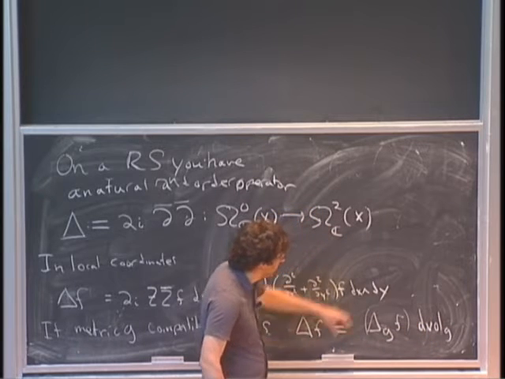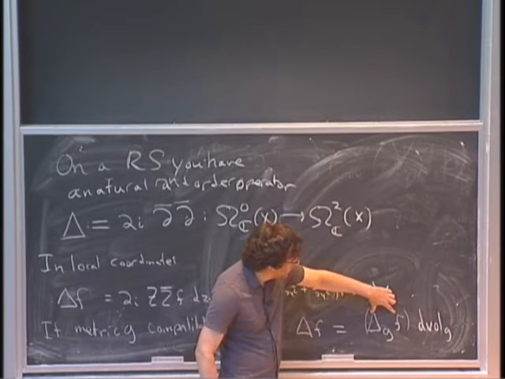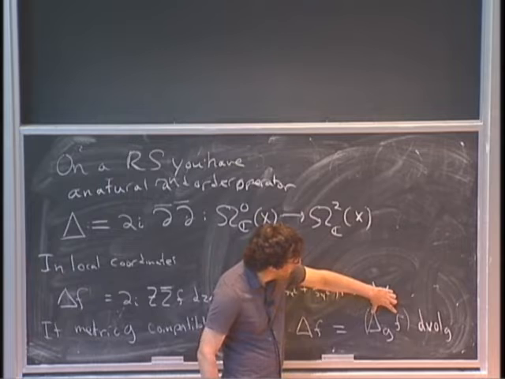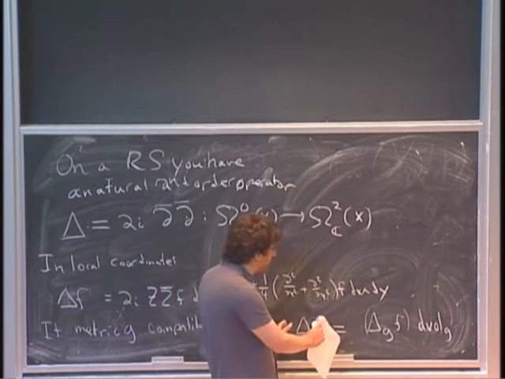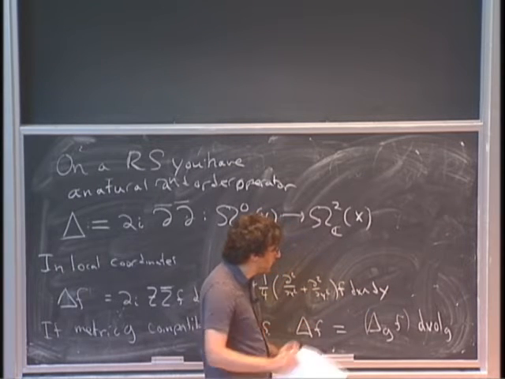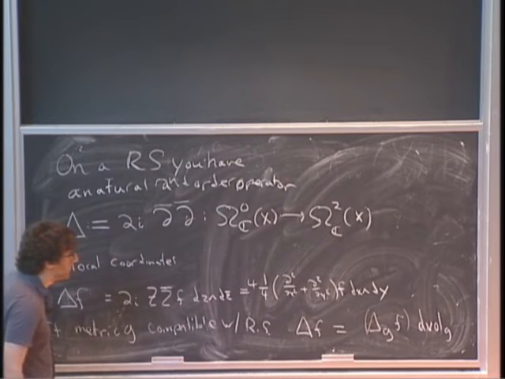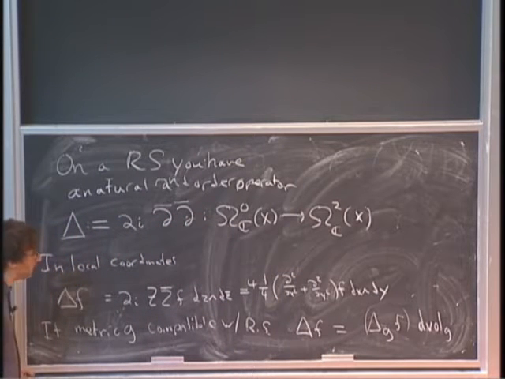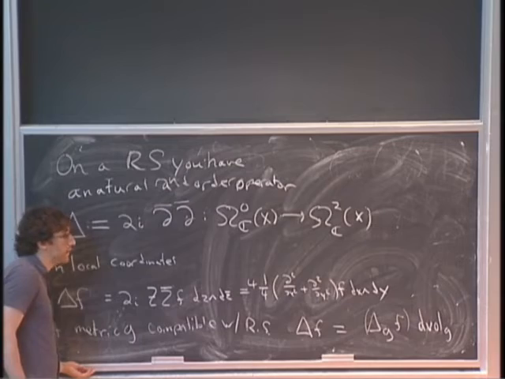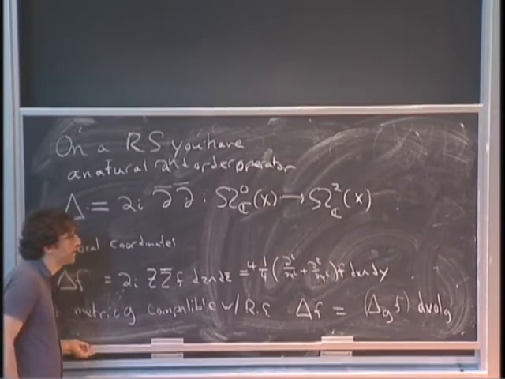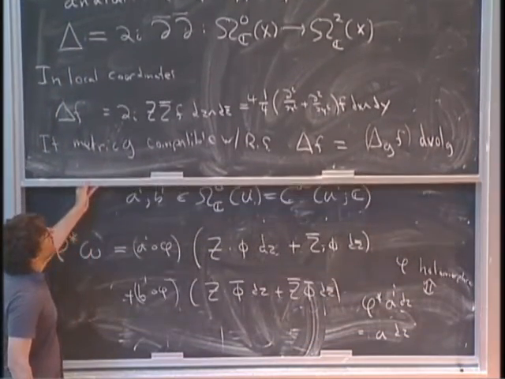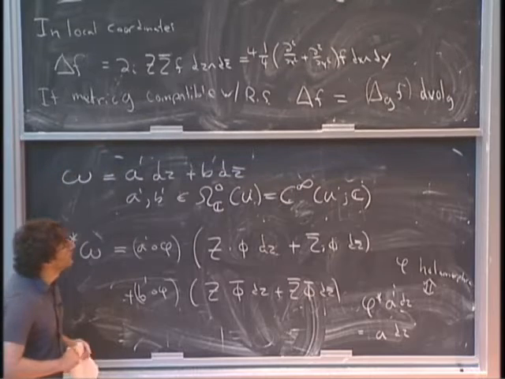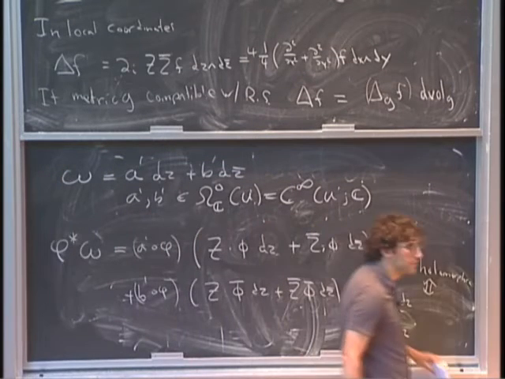You can think of this as mapping the bundle of smooth functions to the bundle of smooth functions, whereas this is mapping the bundle of smooth functions to the bundle of two forms. We'll see that this is reflected in a nice computational property of the Laplacian in a second.